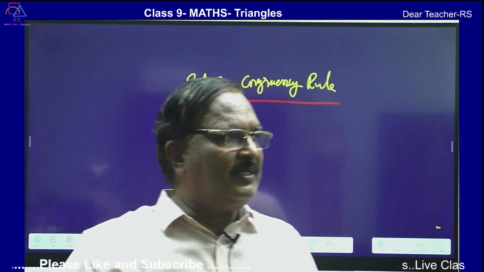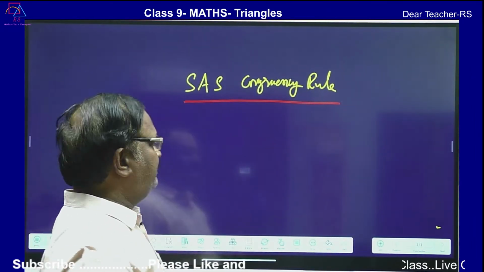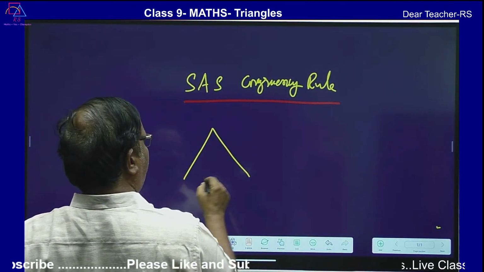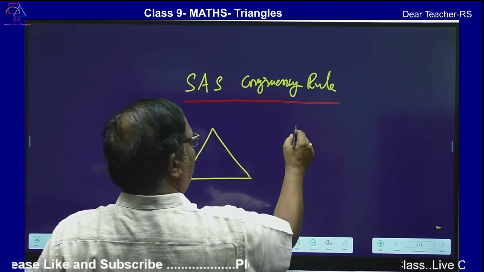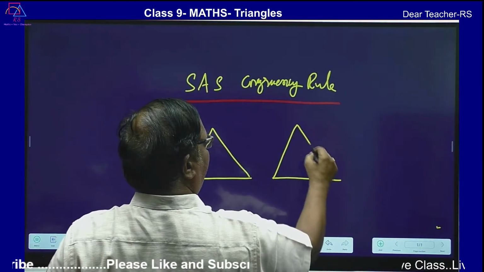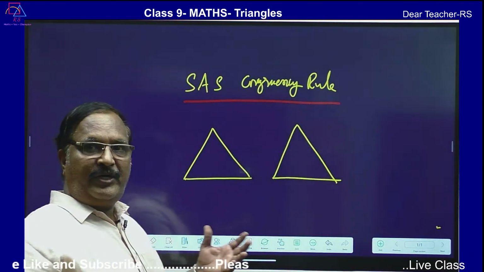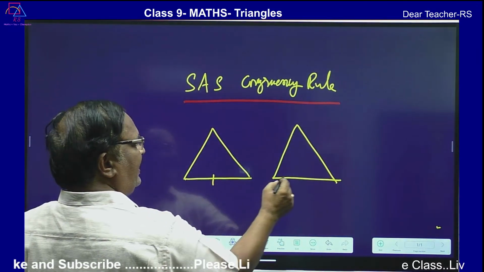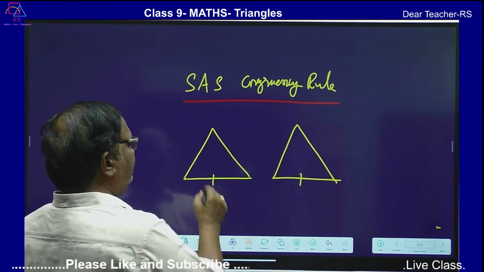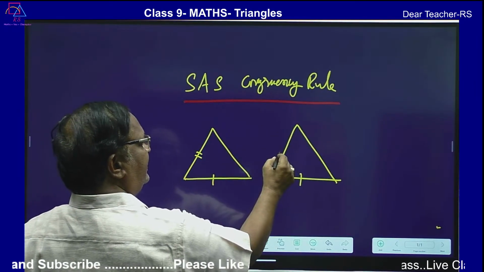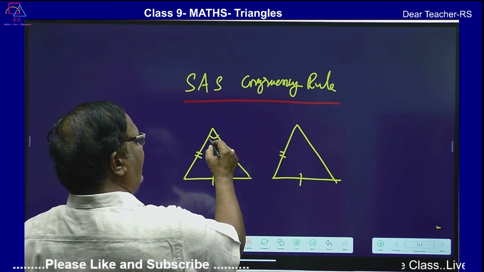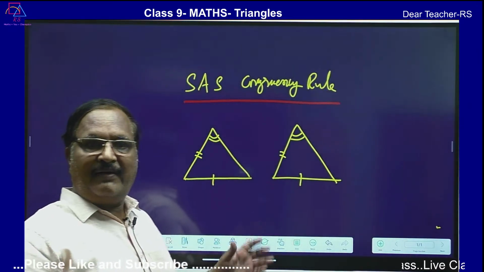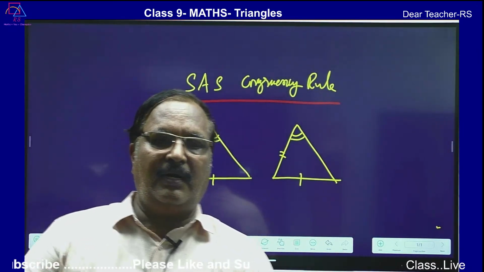I am not writing the names of the triangle, just I am showing equal marks on the triangle. So now these two sides are equal, and these two sides are equal, and this angle is equal to this angle. So I have shown the equal marks.